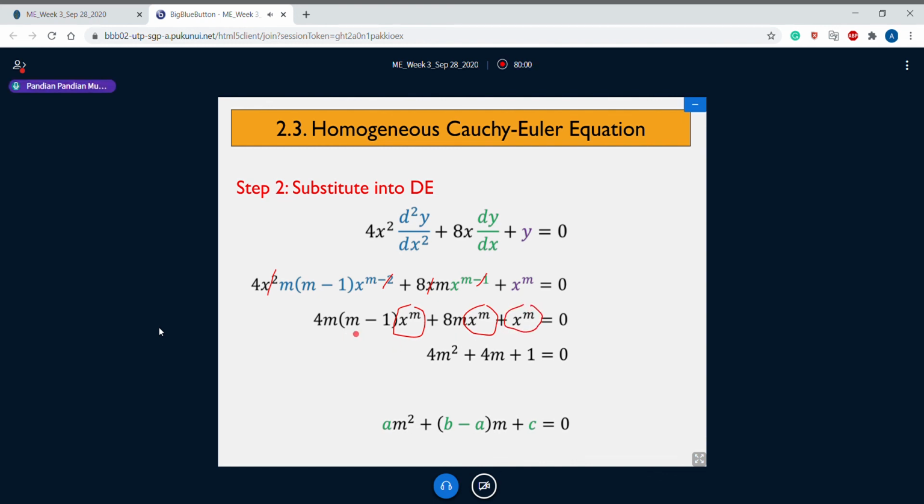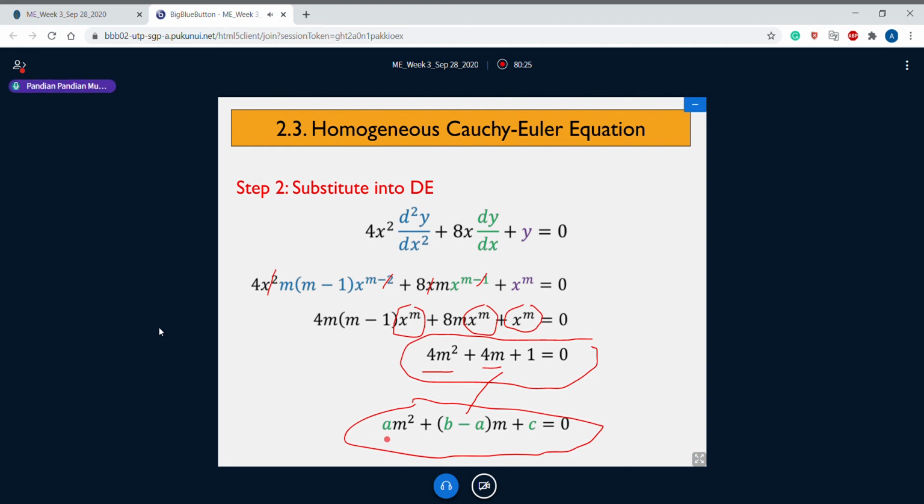So you have 4m squared, minus 4m plus 8m is 4m, plus 1 equals 0. So this is your auxiliary equation, which can be obtained directly from here also.